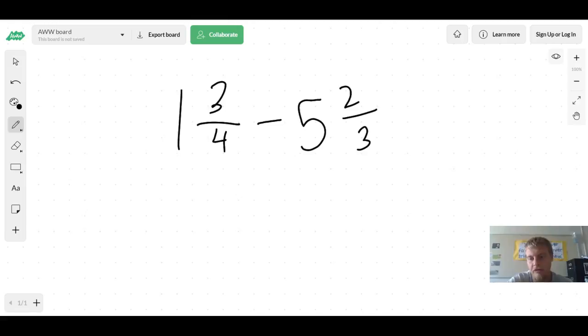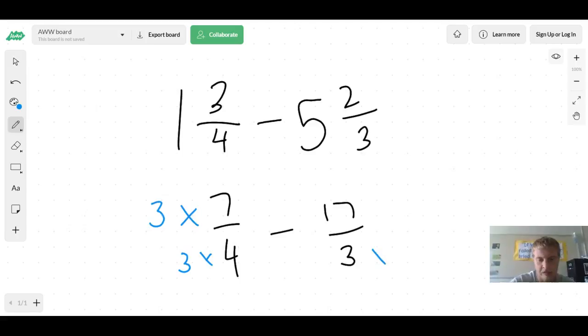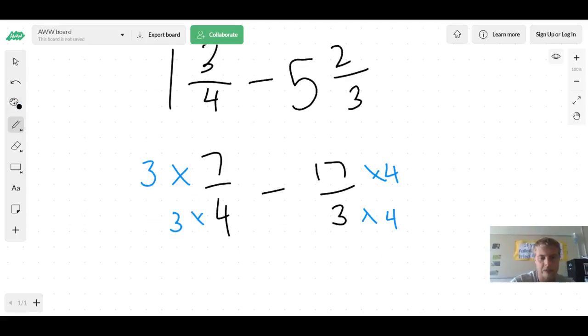Again, what I would do for your first step is make these improper fractions, which this would be 7 over 4, and this would be 17 over 3. Now again, we can't subtract these because they aren't like sizes. So to make that happen, we're going to times this side by 3, and we're going to times this side by 4. And what that's going to give us is 21 over 12 minus 28 over 12.